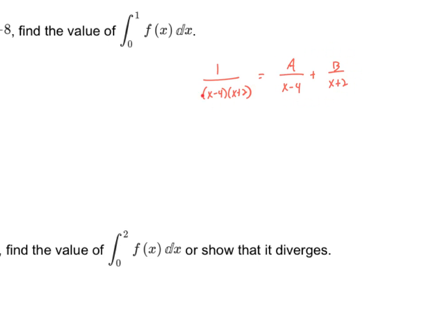So this is the common denominator. We'll have to multiply top and bottom by x plus 2, and then this one will multiply top and bottom by x minus 4. So it'll really be A times x plus 2 plus B times x minus 4.